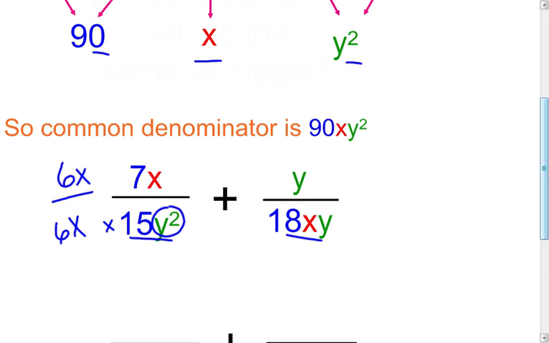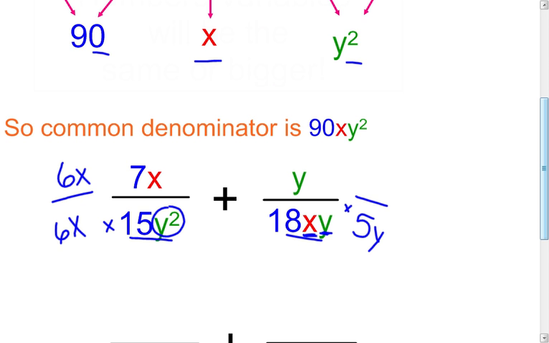And then over here on the right side, what do I need to multiply 18 by to get 90? If I multiply 18 by 5, that gives me 90, so I'm going to multiply each of these by 5. This one has the x in it, so I don't need to worry about it, but it only has one y. So I need to multiply by one more y, so that when I multiply y times y, I get y squared.